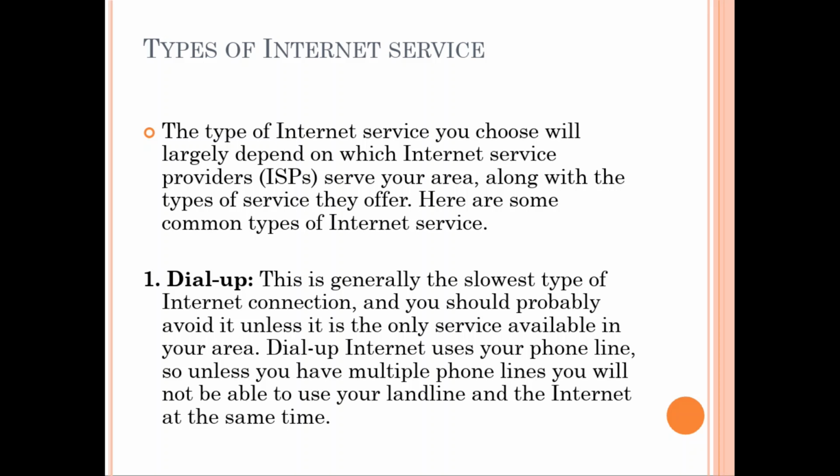The first one, and the old one, is dial-up connection. Dial-up internet uses your phone lines. So unless you have multiple phone lines, you will not be able to use your landline and the internet at the same time.